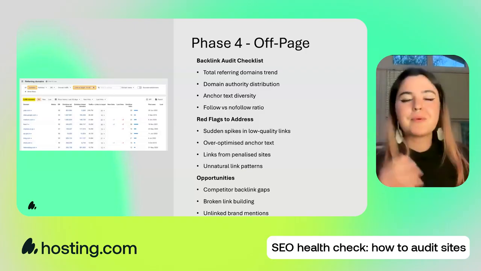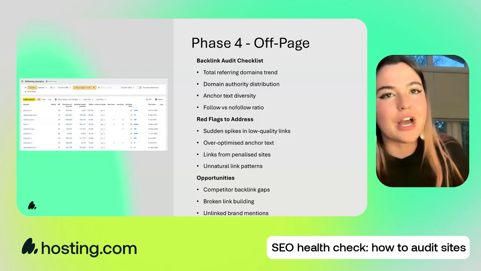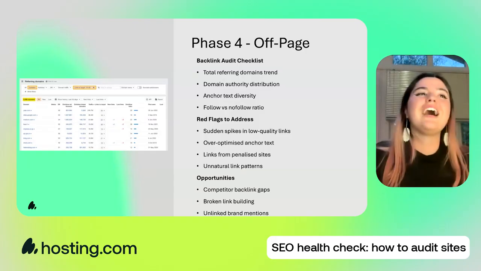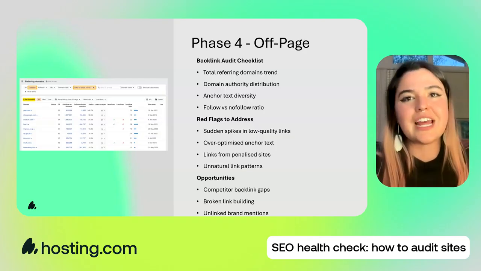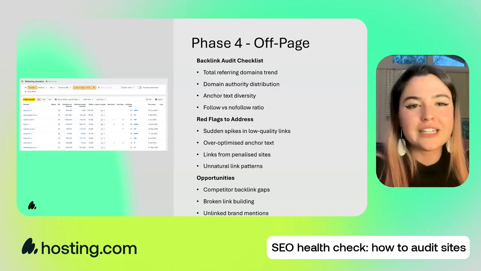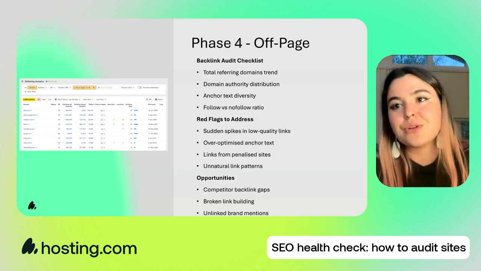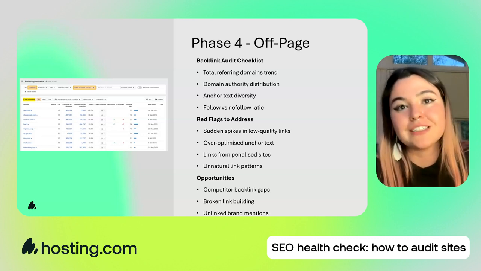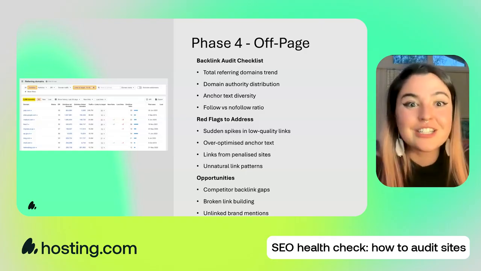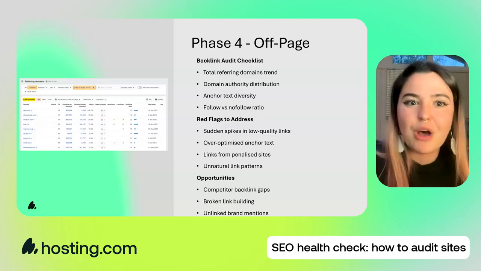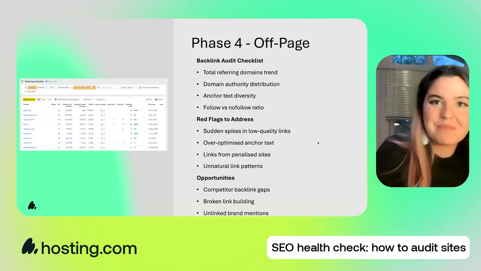But if you have a lot of spammy ones, it can't hurt. You do still have the option to do it, so maybe do it. But if we're doing a health check, an audit to build a strategy, what we'd want to do is lean into the opportunities. So looking at who's linking to our competitors and then maybe building a backlink outreach log so that we could reach out to and see if there's some opportunities for our site to show up there.